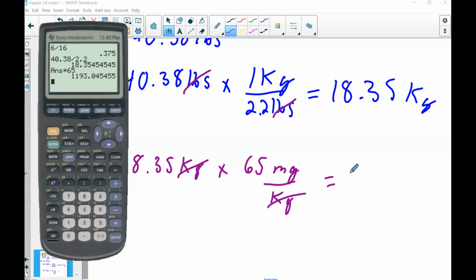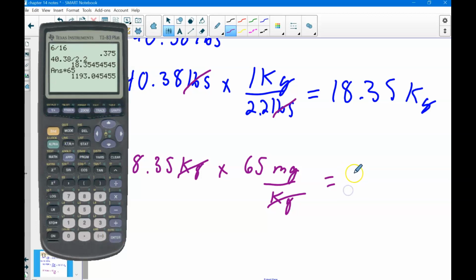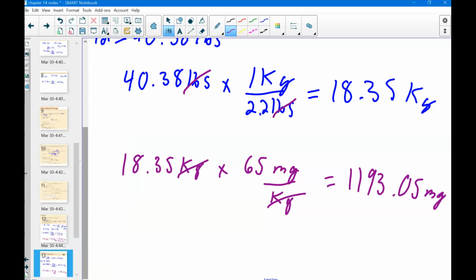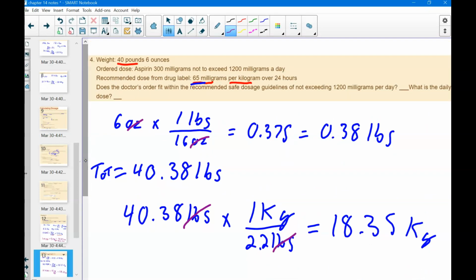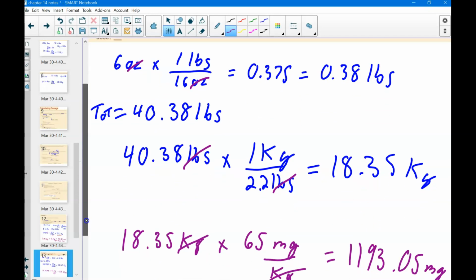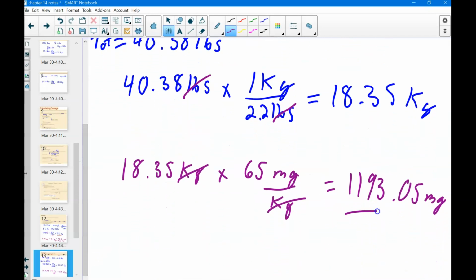That gives us 1,193.05 milligrams. Not to exceed 12 milligrams, so we are in a good situation because we only have 1193 milligrams. It's all good. Alright, one final question.